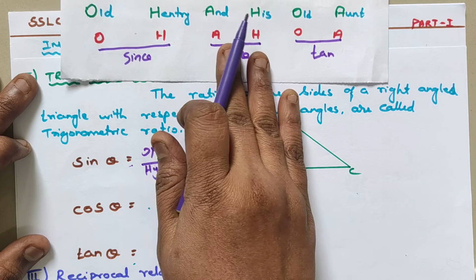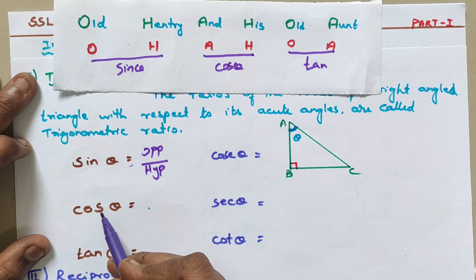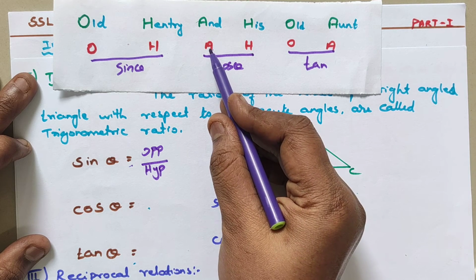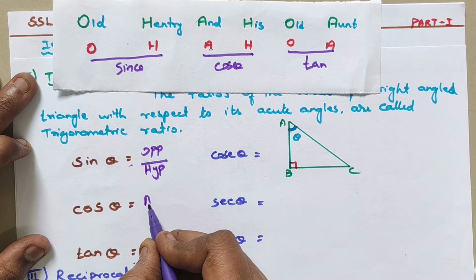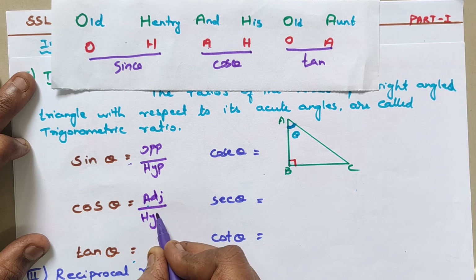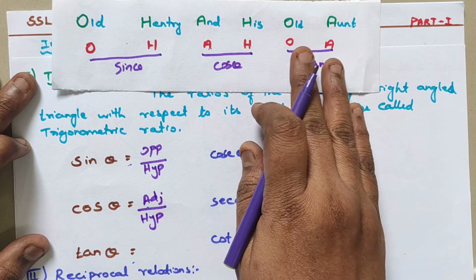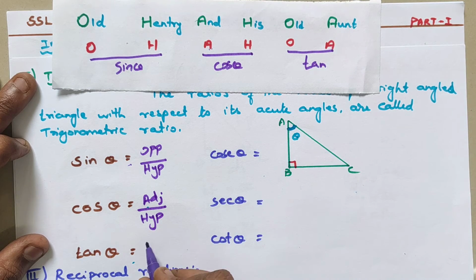Remember this sentence so that it will be easy to memorize the formula. Now cos theta is A divided by H, that is adjacent divided by hypotenuse. Next, tan theta, the third ratio. Tan theta is O by A, opposite divided by adjacent.